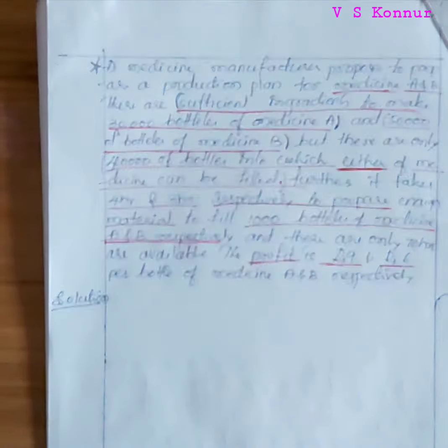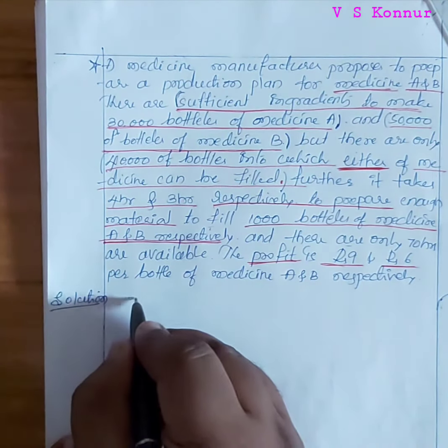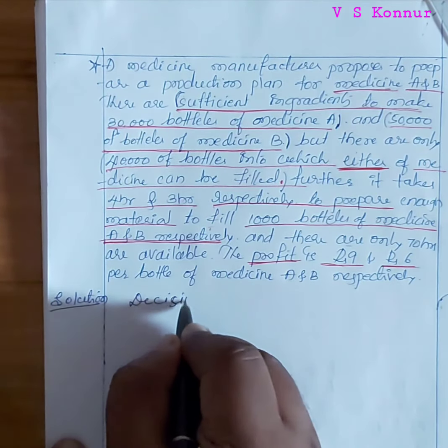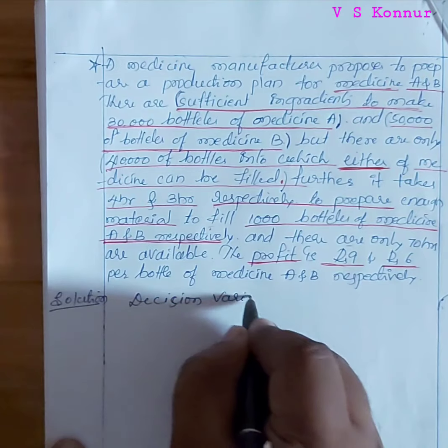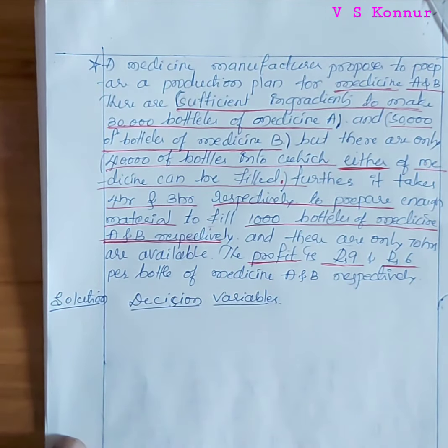Now we have to define decision variables. So two products are there. First, I will define the decision variables.